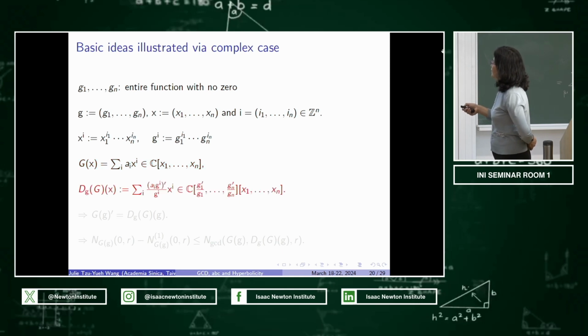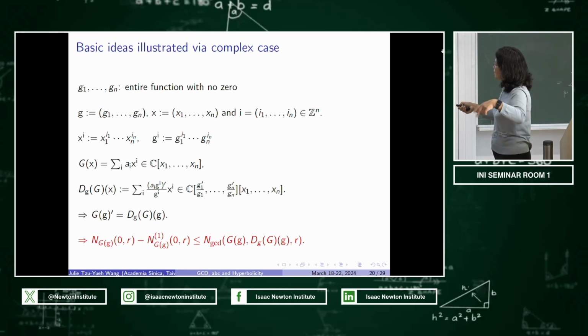So we can define a polynomial which depends on the unit, on the equation, on the function you first give. And this is the way we try to make the following inequality hold. So in other words, now we define a polynomial of the same degree as G, and when you plug in G, it is equal to the derivative. And as we have seen, if you want to bound the double zero, it would be bounded by the GCD of two polynomials.